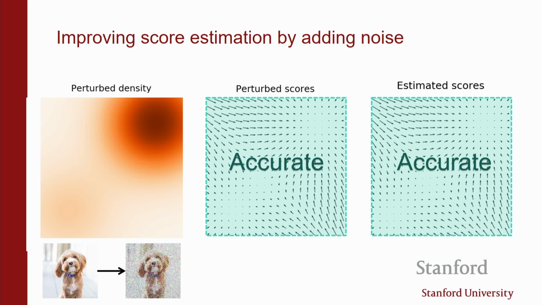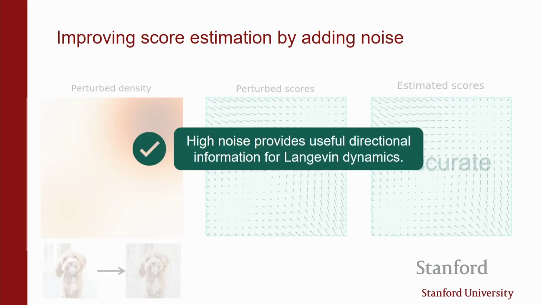And now, of course, this is good because it means that we might be able to get good information from our Langevin dynamics sampler. If we're relying on these arrows to go towards high probability regions, Langevin dynamics will probably work if we do this.